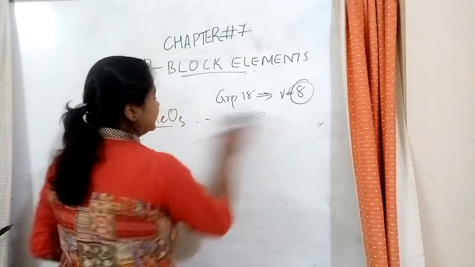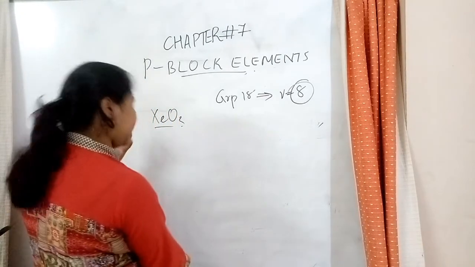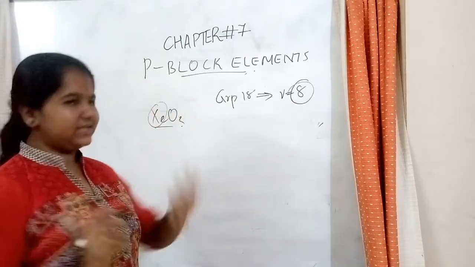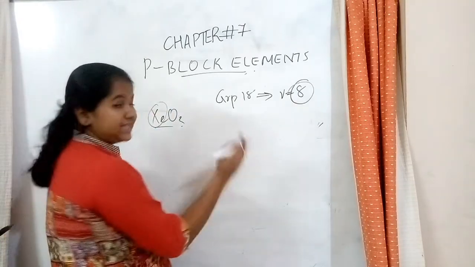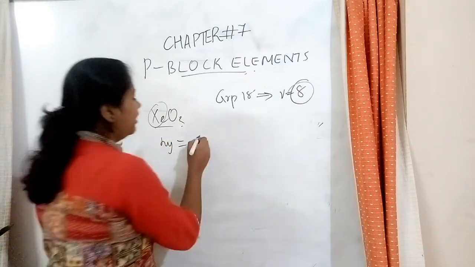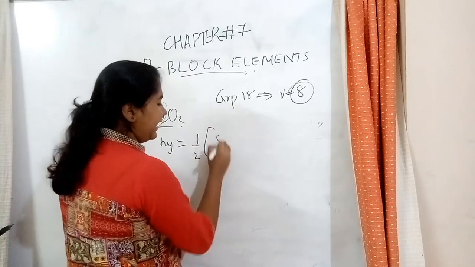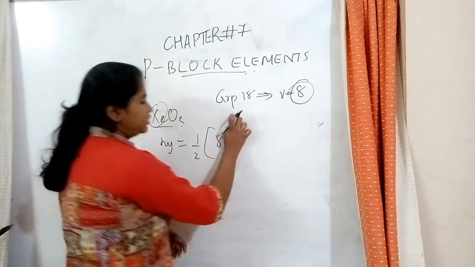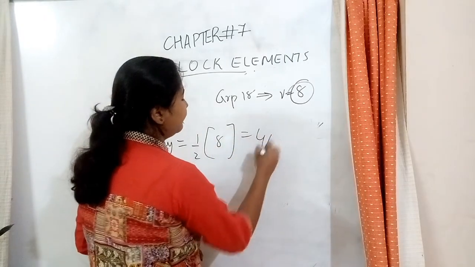So, let's see the structure. What's the central atom over here? It is xenon, and oxygen is 3 in number. Let's write the hybridized state. The hybridized state is equal to half into 8 plus, can you see any monovalent atoms? There are no monovalent atoms, and hence this is equal to 4.